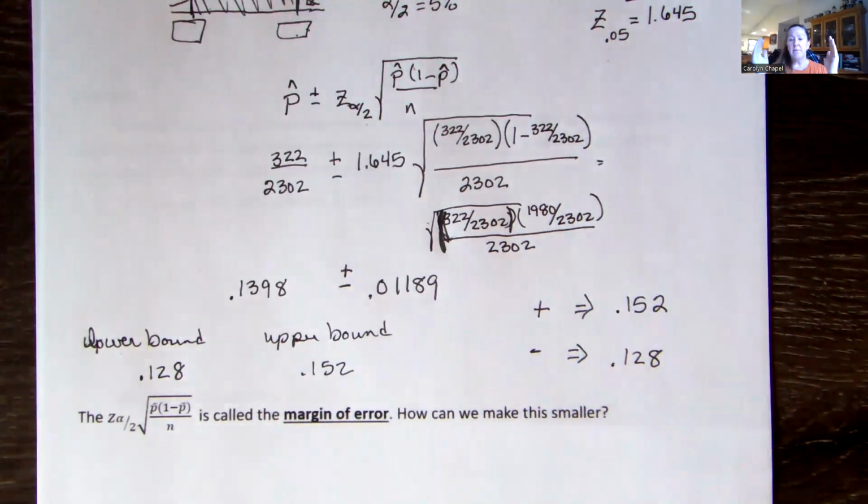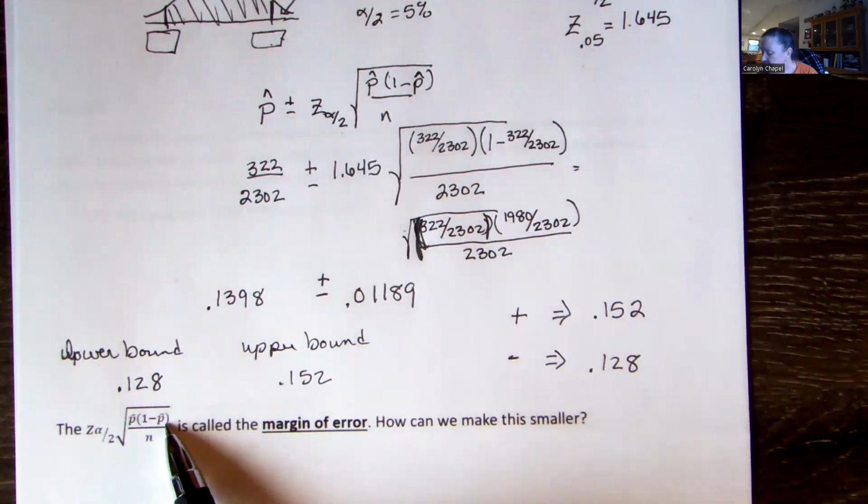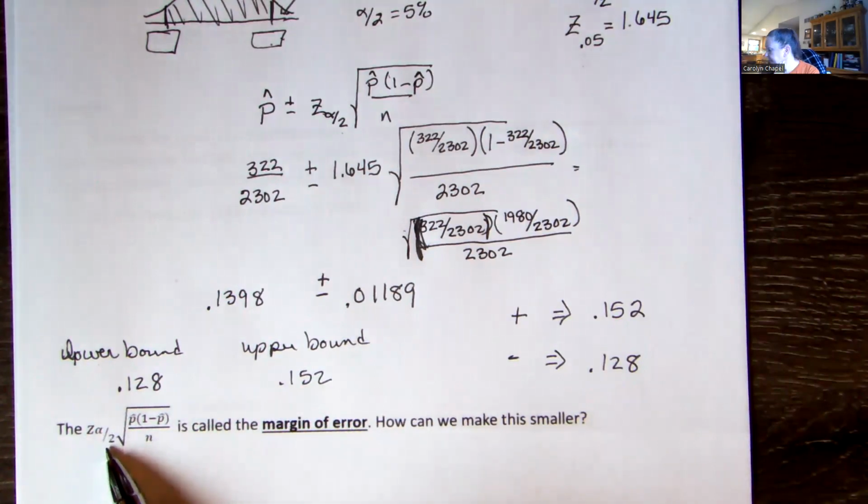So in other words, we had right now this 12.8% to 15.2%. That is pretty small, but maybe I wanted to bring it in even smaller so that I have a smaller range. One way to do that, just looking at this formula, because we can't really change p hat, the only things we can change are the values of n or the values of z.